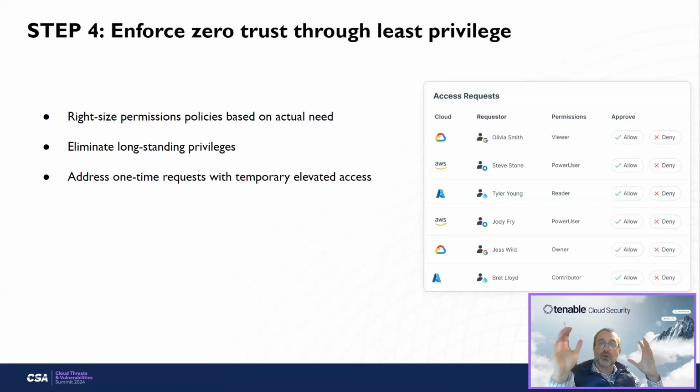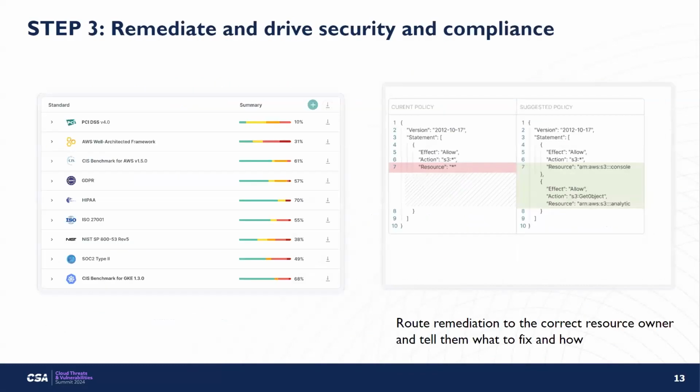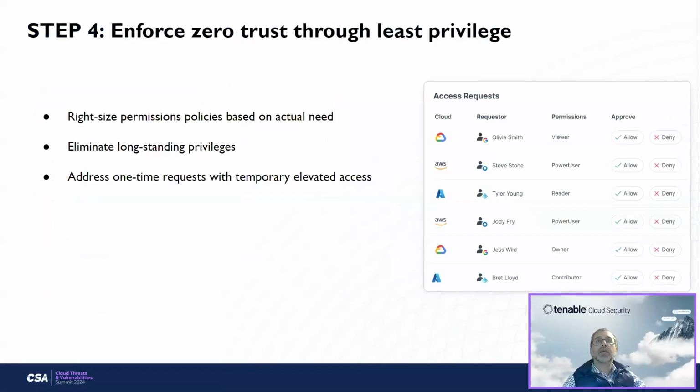So these are the 4 core steps. You want to start, again, with discovery, prioritizing risk, remediating risk, driving compliance, and resolving your IAM issues.